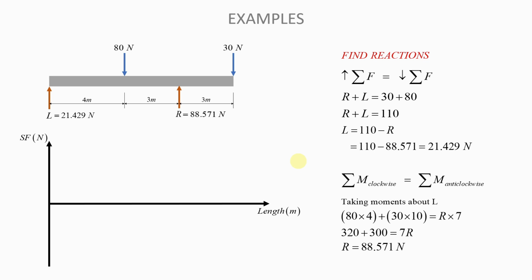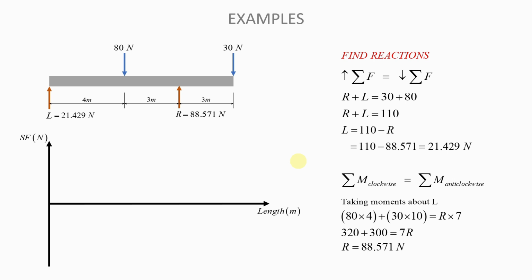So first, the beginning and the end of a beam are both points of interest, but besides the beginning and the end of a beam, you also have every location where a load is applied is a point of interest.